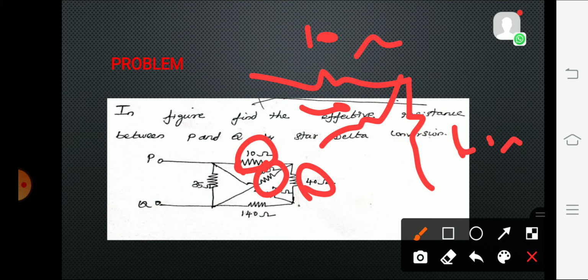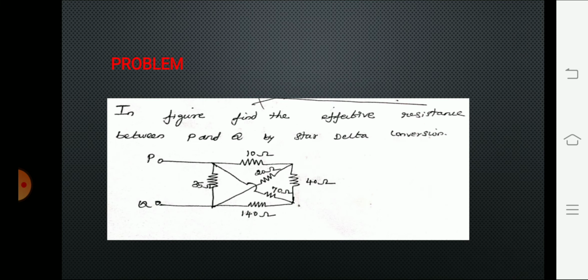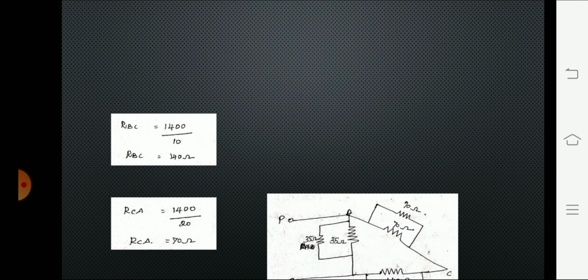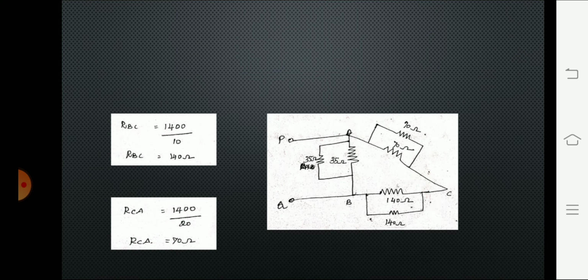So we redraw the diagram like that. Converting this 10 ohm, 20 ohm, 40 ohm star connection into the delta connection. Here RA equal to 10 ohm, RB equal to 20 ohm and RC is equal to 40 ohm. Converting these values into delta connection, RAB is equal to 35 ohm, RBC is equal to 140 ohm and RCA is equal to 70 ohm. So we redraw the diagram like that.